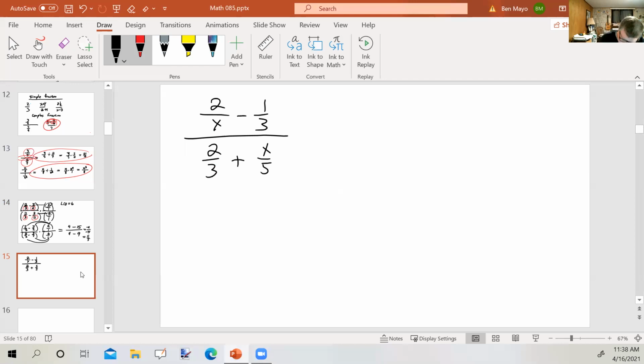So we're going to multiply both sides by the least common denominator over the least common denominator. Let's see, my denominators are x, 3, 3, and 5. So my least common denominator is 15x. 3 times 5 times x. So I'm going to multiply the top by 15x and the bottom by 15x.